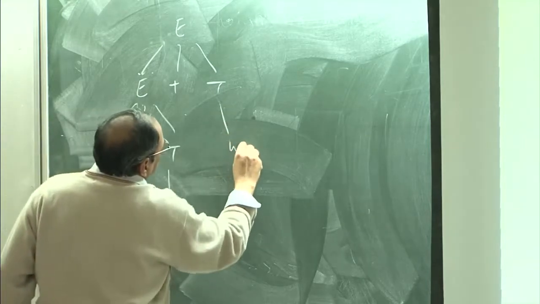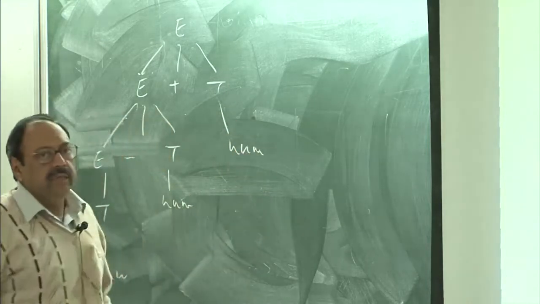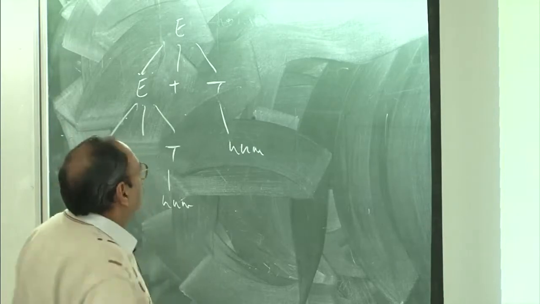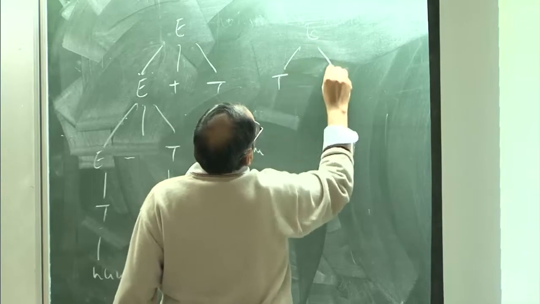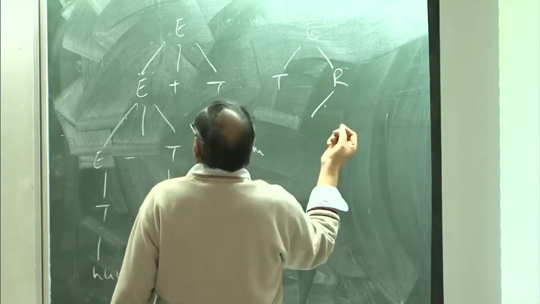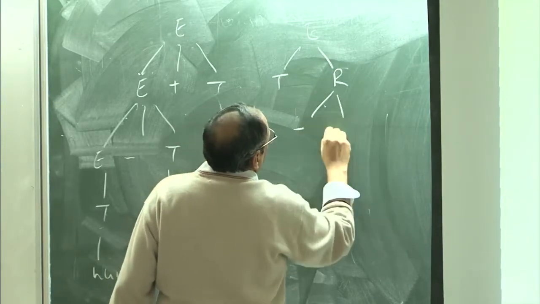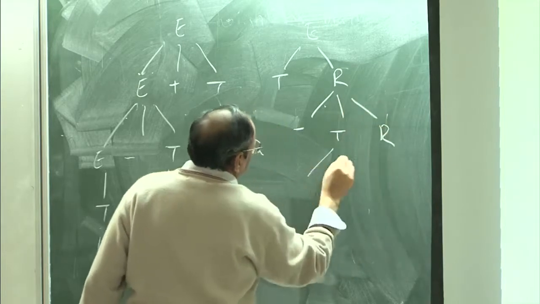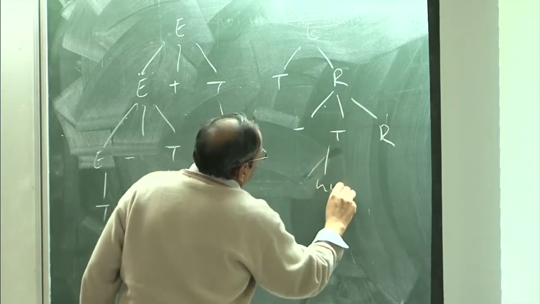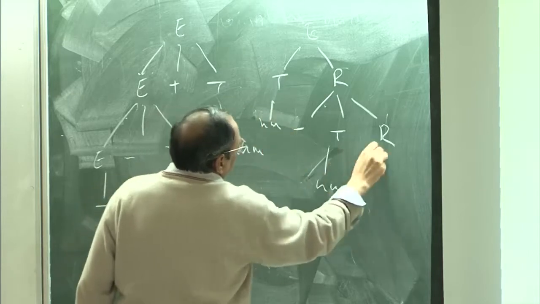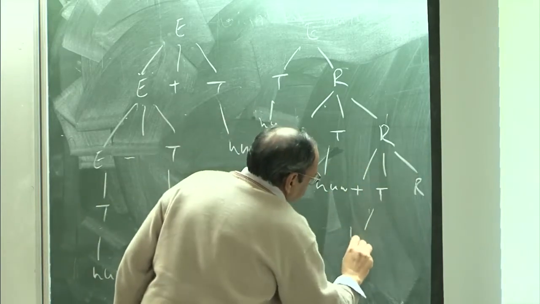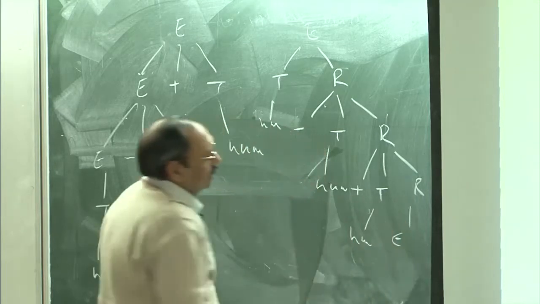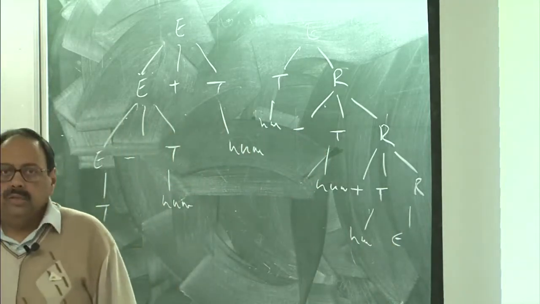The standard technique for removal of left recursion is that I now say E goes to TR, and then R goes to, let us say, minus TR, and then this T goes to num, this T goes to num, and this goes to plus TR, and this T goes to num, and this R goes to epsilon. This is how the parse trees will look.